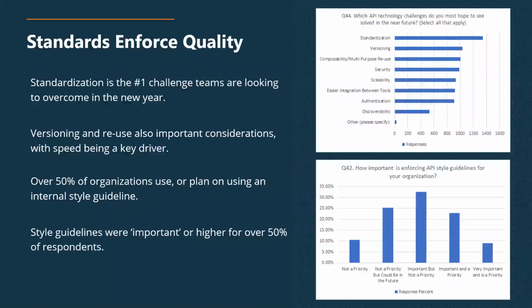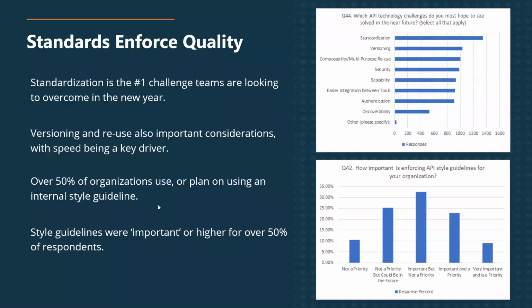Versioning: how they can easily create versions, how they can catalog these versions and make sure that the newest version of a definition is being used, and that those API definitions are able to be managed, and the developers are able to create and use the correct version.